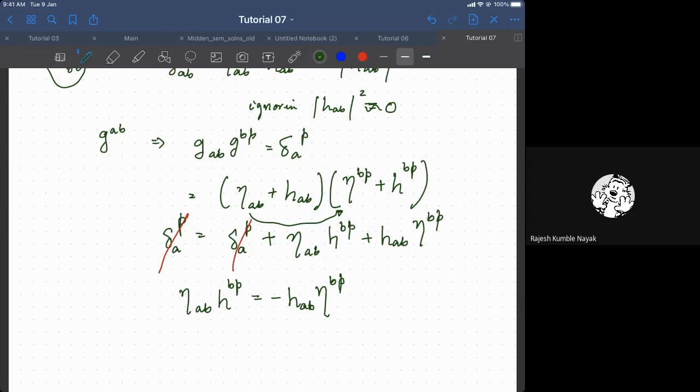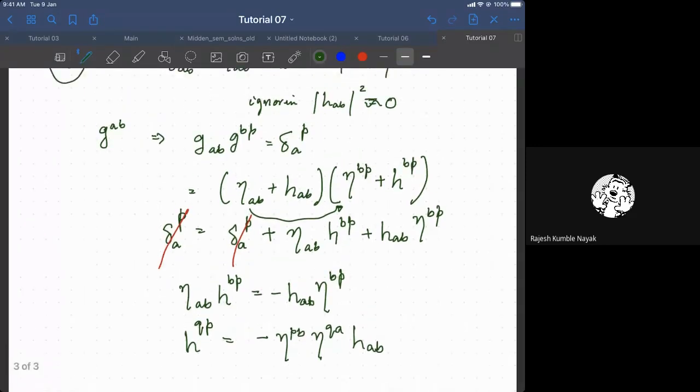Now we simply multiply it by eta AB. Then we simply get that HQP is equal to minus eta PB eta QA HAB. So that means that the lower index and upper index of HAB would have a minus sign.